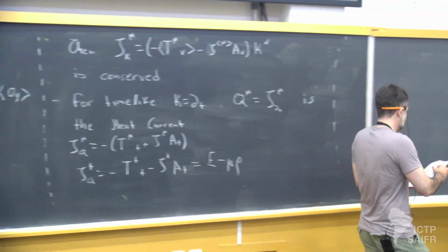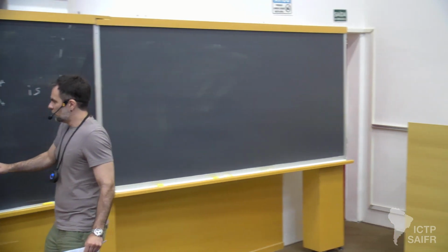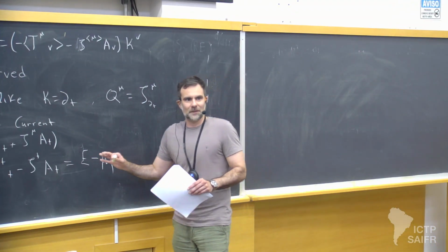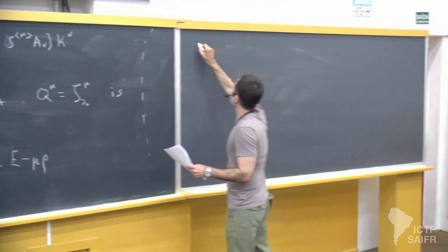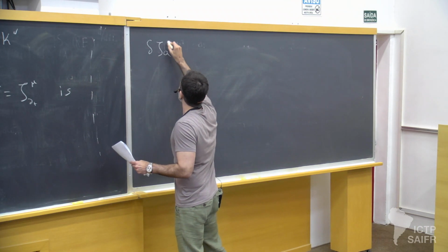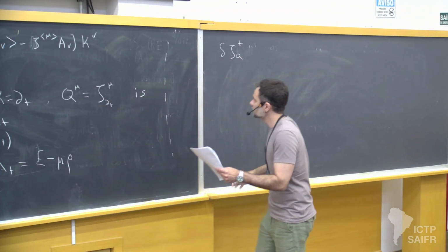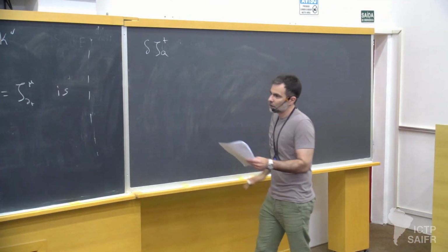But why do I want to call it a heat current? Let me think of this quantity in terms of just thermodynamics, okay? There is no funny dynamics happening. Let me take a variation of this quantity just for a thermodynamic background. Let's go to the grand canonical ensemble.